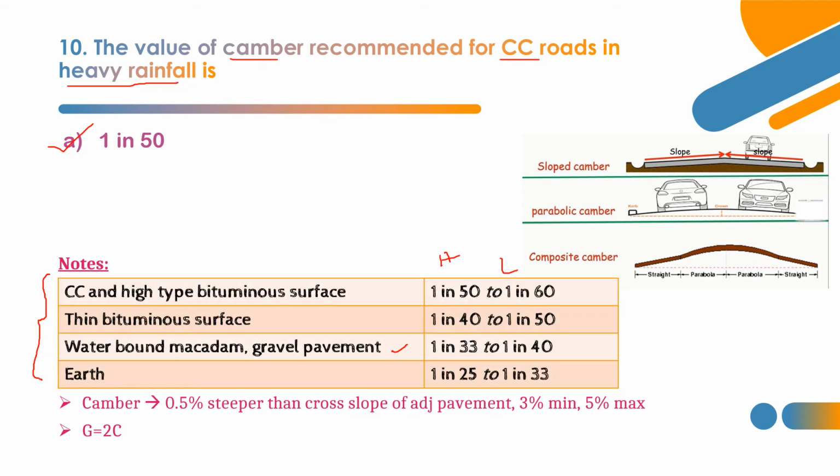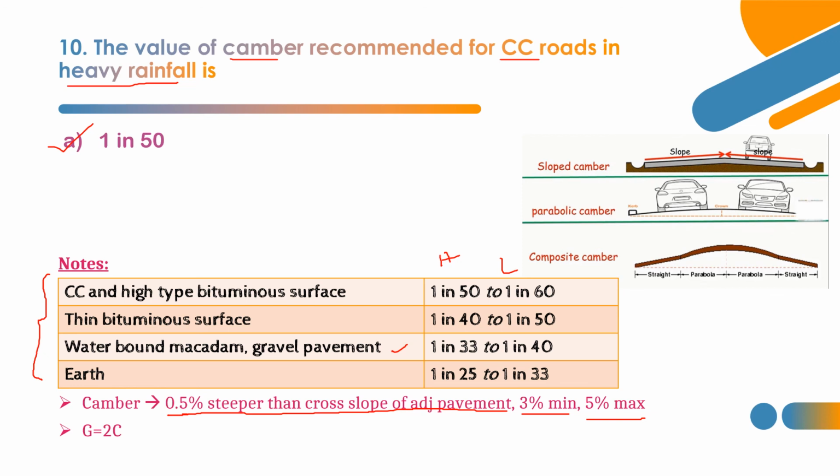And other important points regarding camber. Camber shall be 0.5% steeper than cross slope of adjoining pavement. This is one criterion about camber. And camber shall be 3% minimum. Why 3% minimum? To drain the rainwater. The only function of camber is to drain the rainwater. So minimum 3% is to be provided, and maximum 5%.